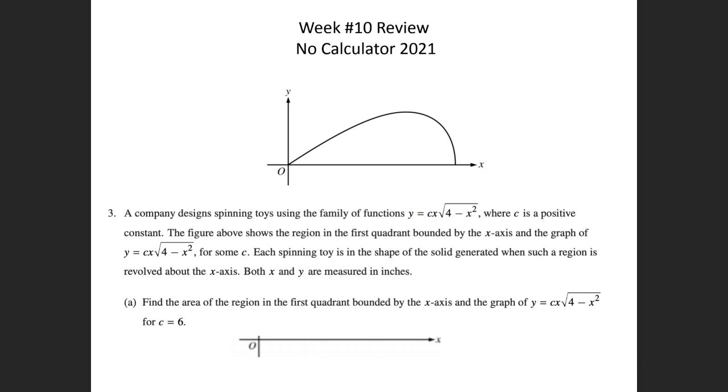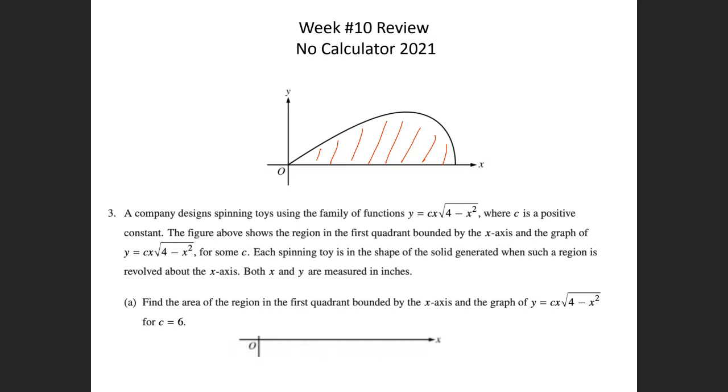Okay, so now we're talking about last week's work. Last week, we talked about finding the area of the region between two curves. It says, find the area of the region in the first quadrant bounded by the x-axis and the graph of y equals cx times the square root of 4 minus x squared, where c is equal to 6. Okay, so now they gave us a c value.